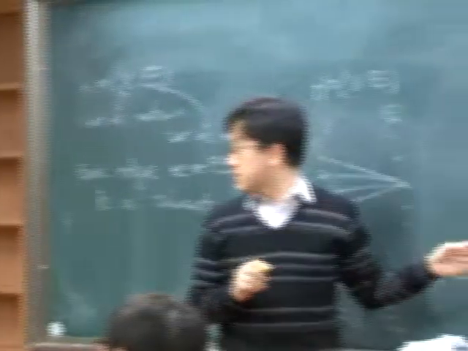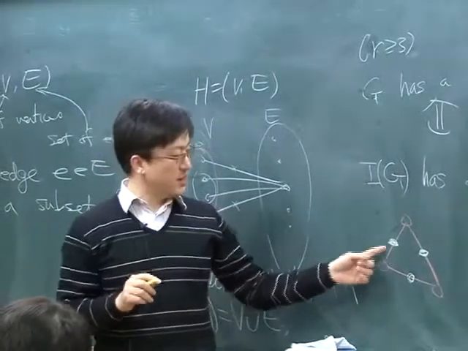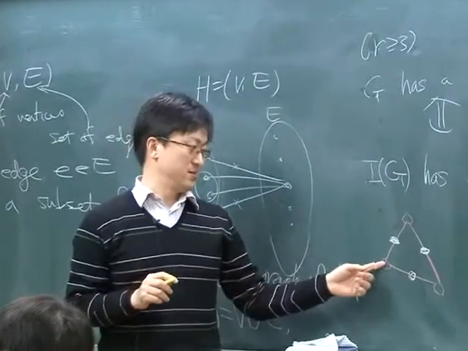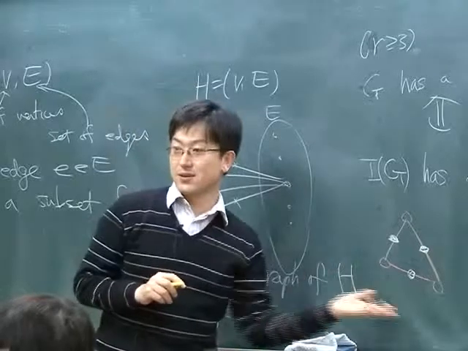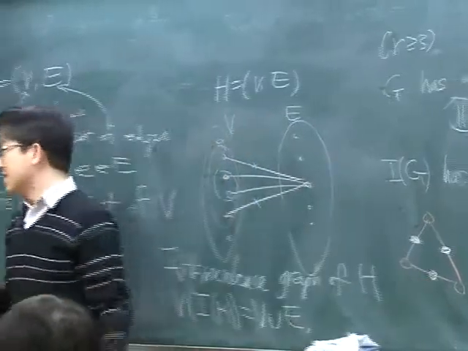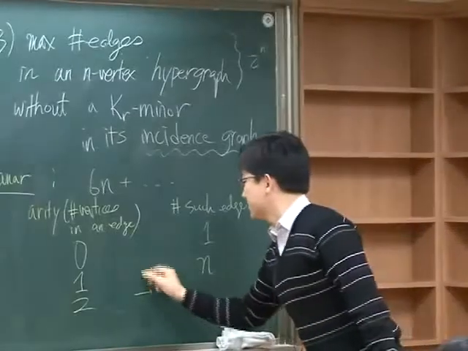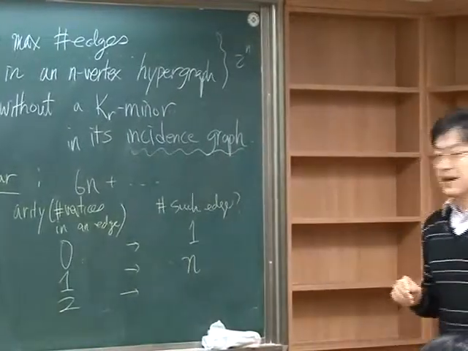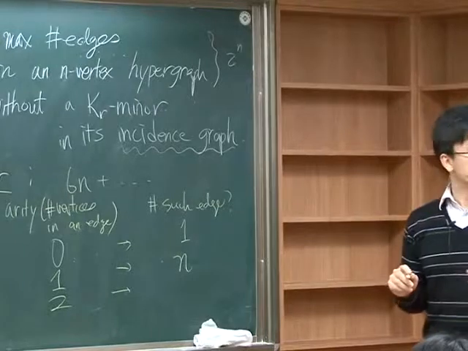Each edge looks like a subdivision of a planar graph. What will be the maximum number of edges with 2 vertices?